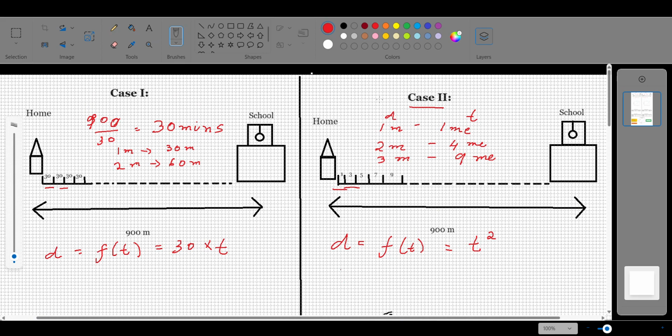So therefore you could also say that it takes him 30 minutes to reach school, which is 900 meters away, because 30 square is equal to 900. Now do you notice something? Both these students have taken 30 minutes to reach school, right?